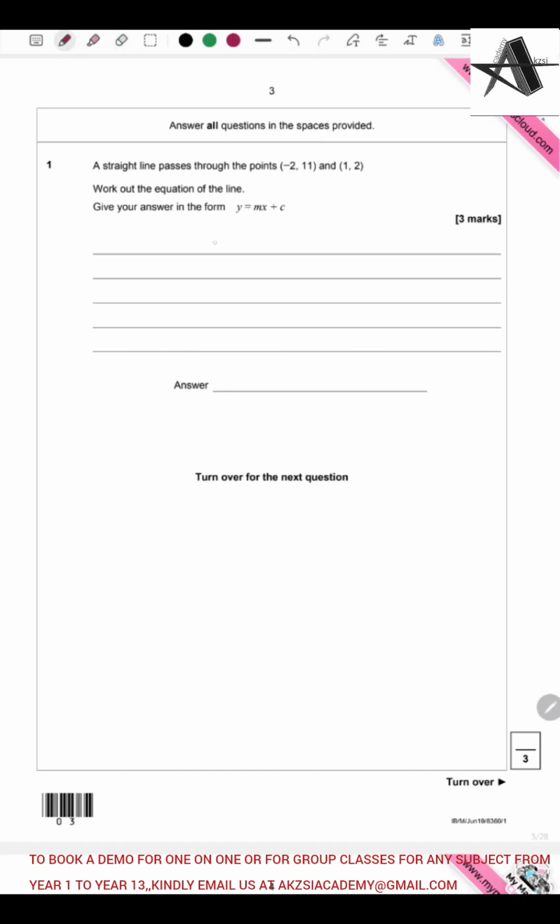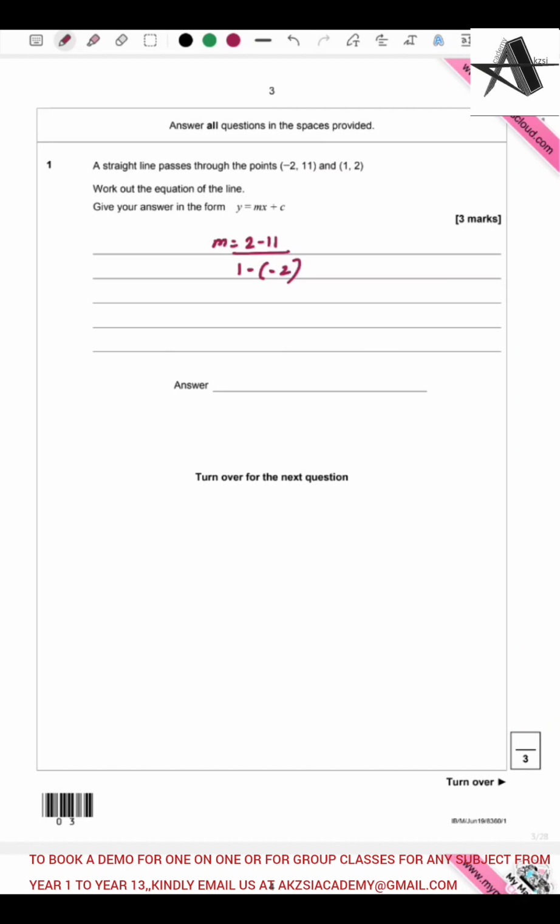For gradient we know it's change in y over change in x, that is 2 minus 11 over 1 minus negative 2. This is the most common mistake that students make, they forget to use the negative sign. So this is already negative, and whenever there is a negative number, you have to put it inside the bracket.